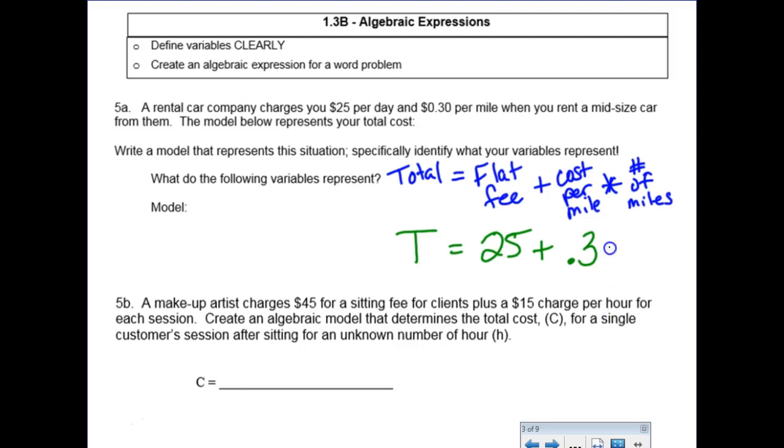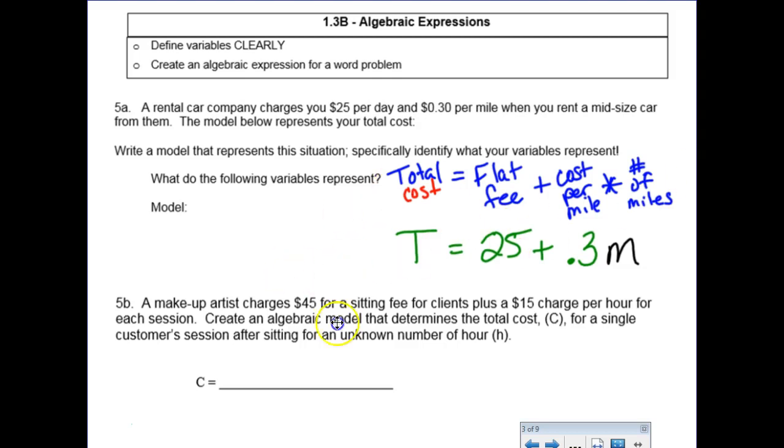Let's go ahead and use an M for the number of miles. So this would be a great model right here. And when it says what do your variables represent: total cost for T, the flat daily fee for 25, cost per mile, and number of miles. Notice the very specific number of miles. You can't just say M represents miles, because that's not specific enough.